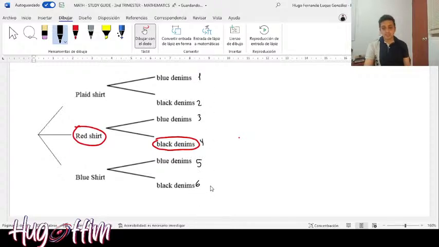So I have 6 options, and from these 6 options, I have only one option that is this path, red shirt, then black jeans. So it will be 1 out of 6. So the probability of getting a red shirt and black jeans is going to be 1 over 6.